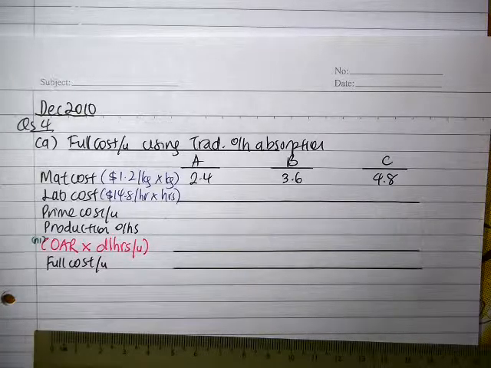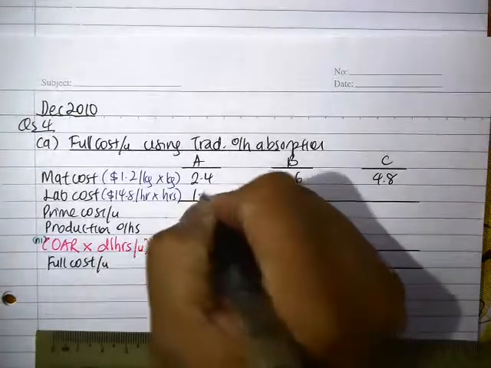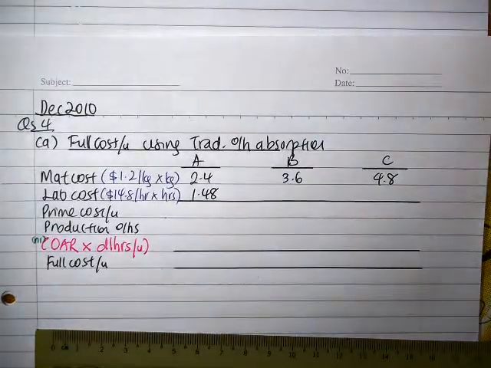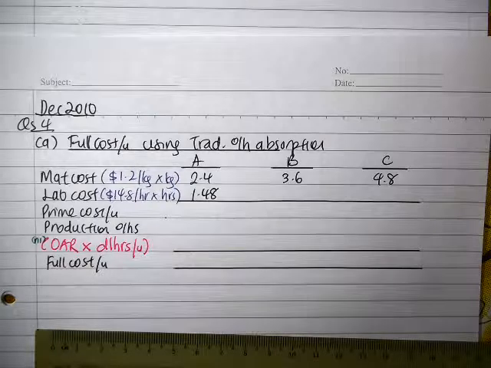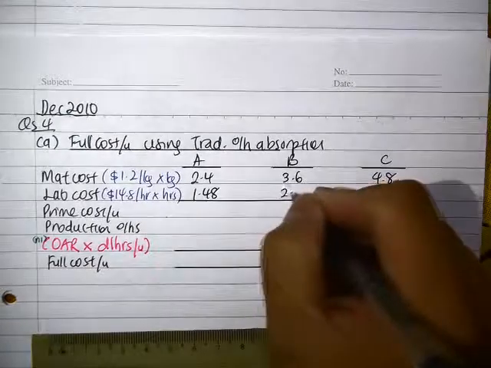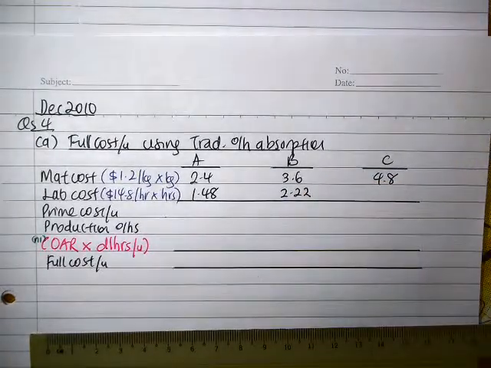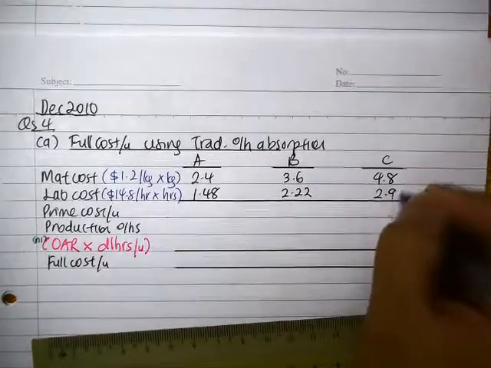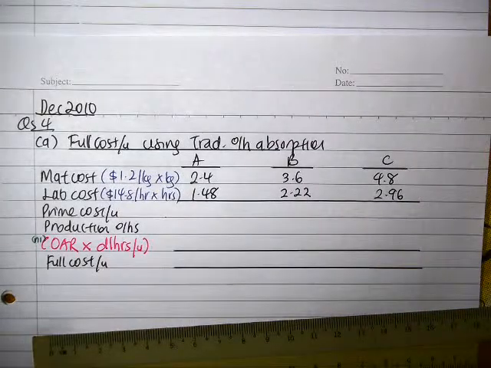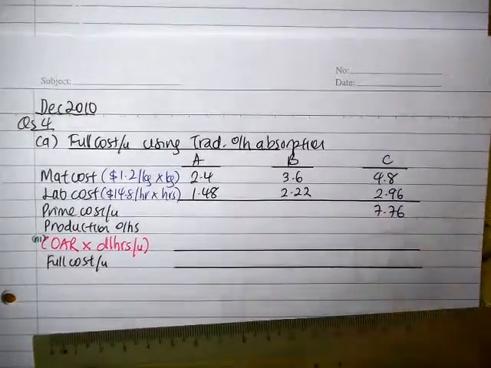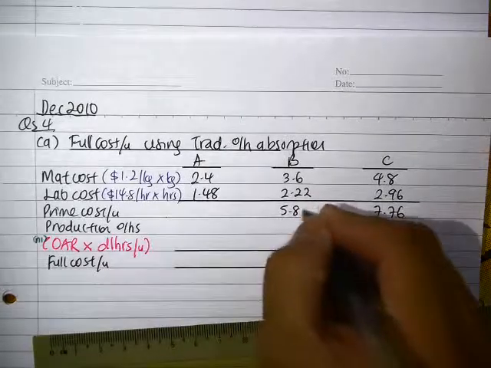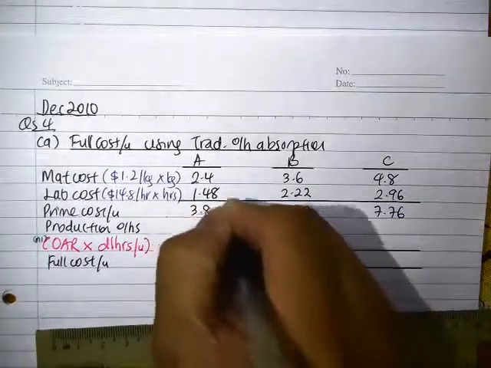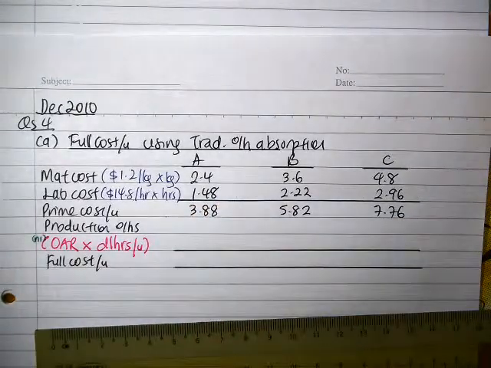So 14.8 times 0.1, 1.48 per unit, then 2.22 and 2.96. So 3.88, 5.82 and 7.76. That's your prime cost.